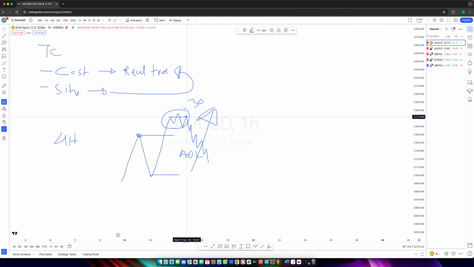But when you reach the 4 hours area of liquidity, you have to change your direction, because the market always respects the higher time frame direction.